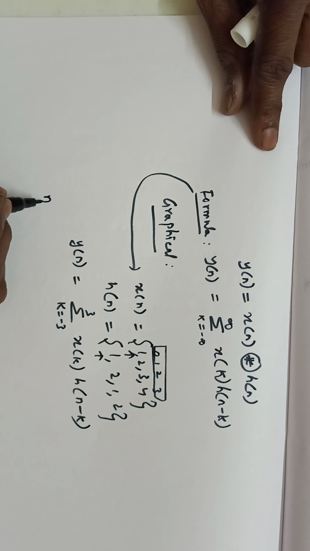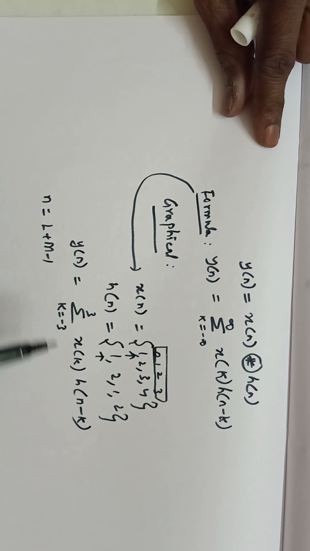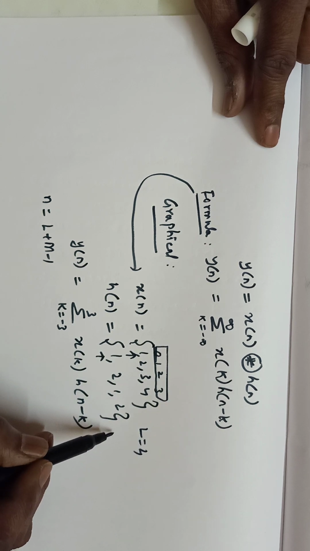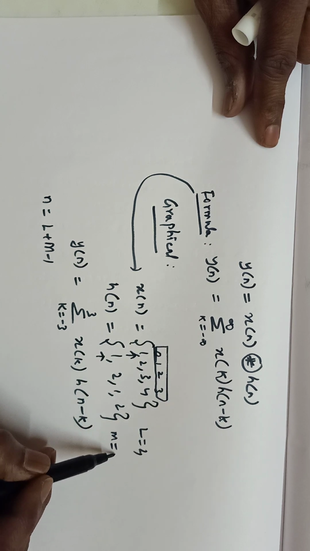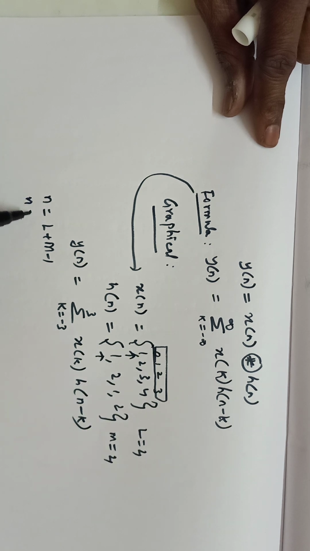So what is the n range? The n range is L plus M minus 1. What does L mean? Length of the first sequence. The length of the first sequence is 4. M is the length of the second sequence. It is also 4. So L plus M minus 1 is 4 plus 4 minus 1, which is equal to 7.